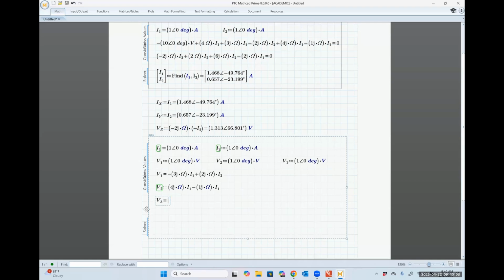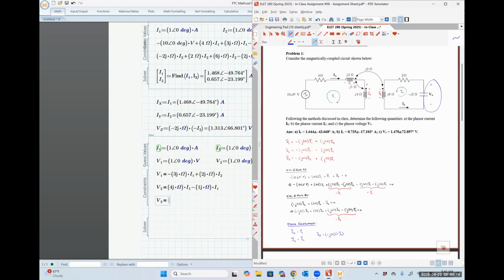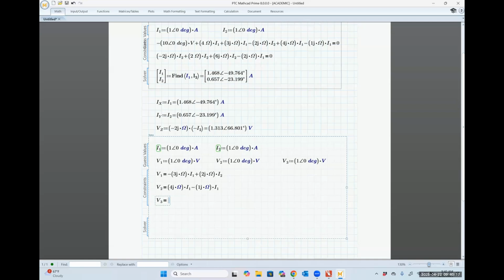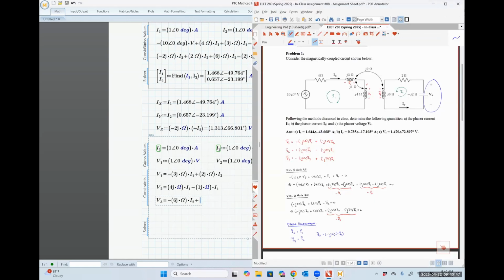V3. That should also be a control equal sign. Minus J6 plus J2 times I1.